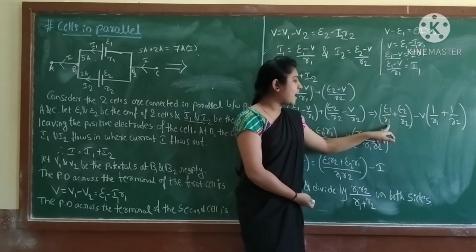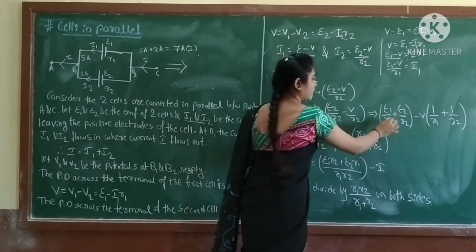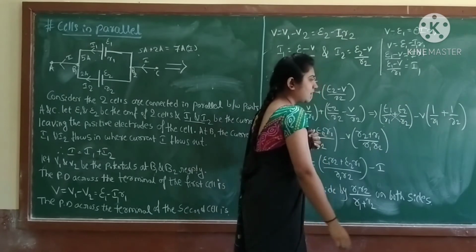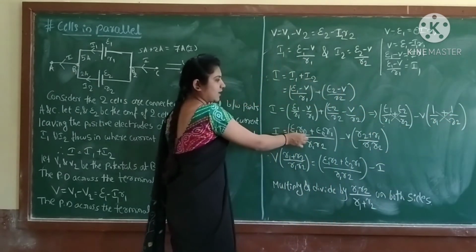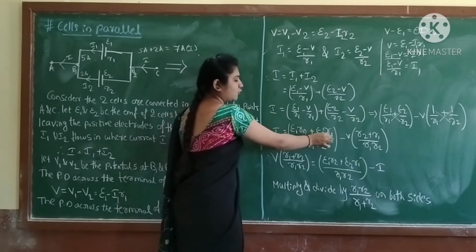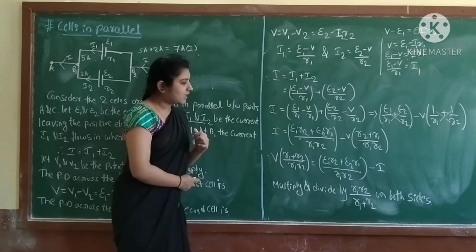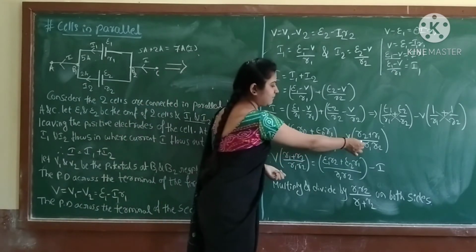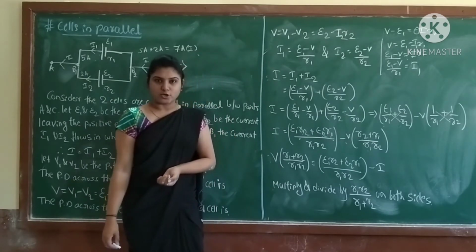E1 and R1 will multiply to E2. Cross multiplication you do for this and for this. Yes, and here also same. So what will you get? E1 R2 plus E2 R1 divided by R1 into R2. Then minus V, same, R2 plus R1 divided by R1 into R2.